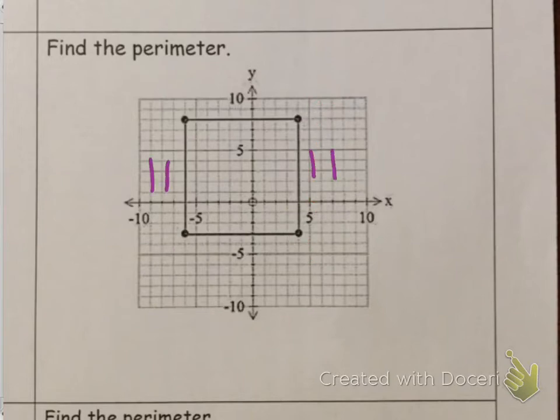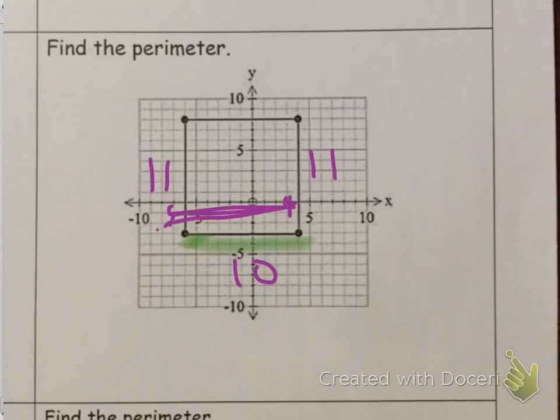This side's going to have to be 11 then. And then I can again just count it as I go here. So I could count along here, 1, 2, 3, 4, 5, 6, 7, 8, 9, 10 is what it looks like. But I could also double check. I could see over here that I'm 1, 2, 3, 4, I'm over to 4 here, and then I'm over to -6 here.